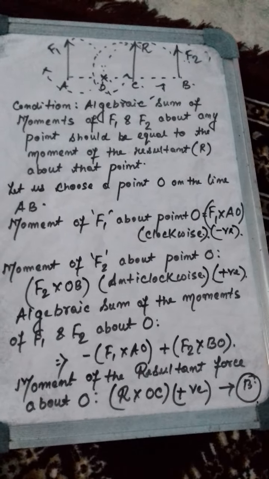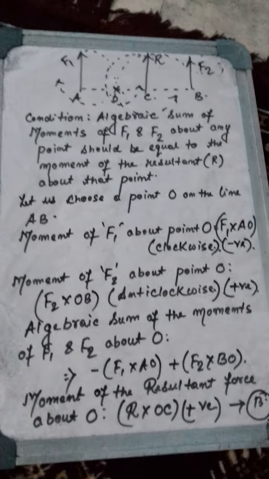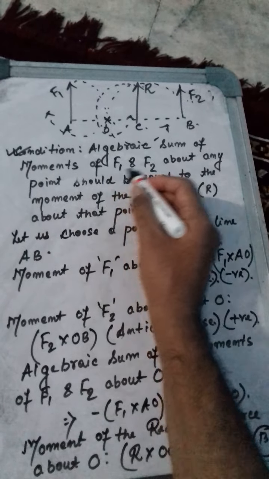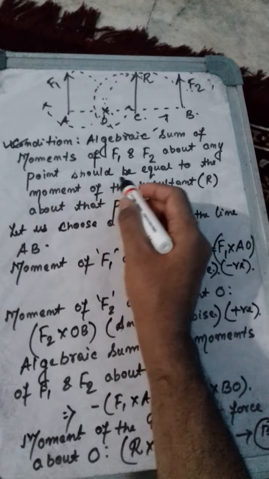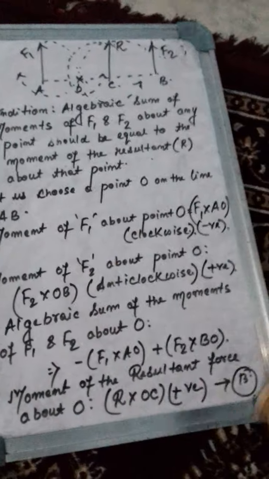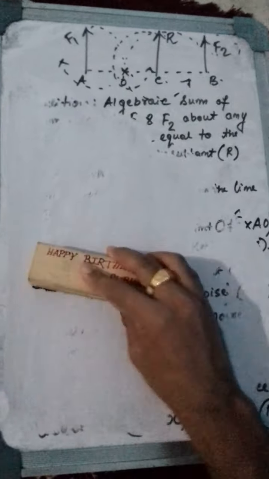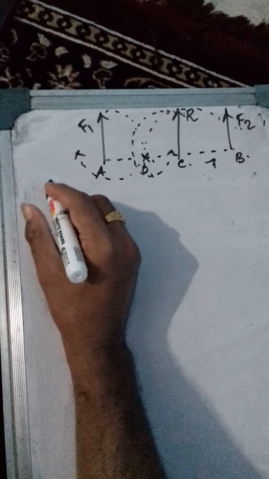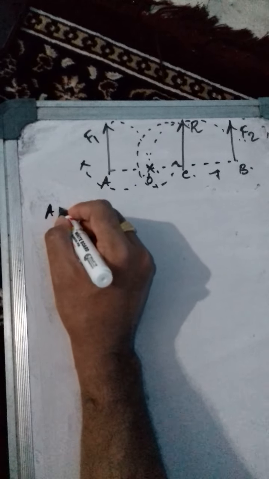Now let us apply this condition: the algebraic sum of the moments of F1 and F2 about any point should be equal to the moment of the resultant about that point. Let us apply this concept and see what final equation we get.